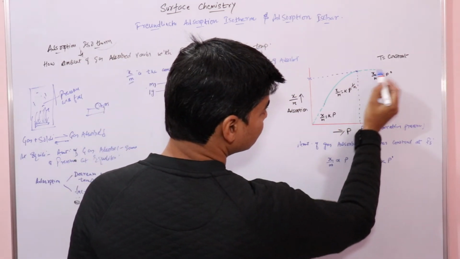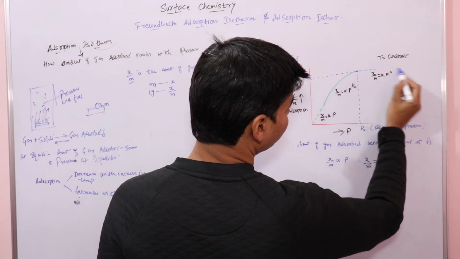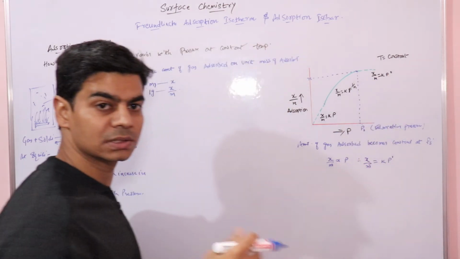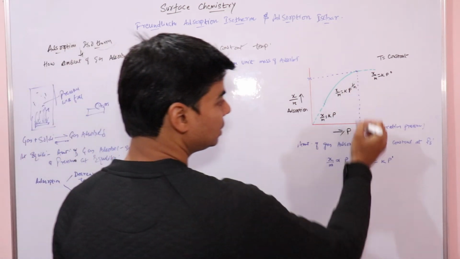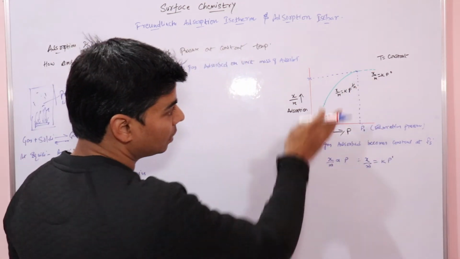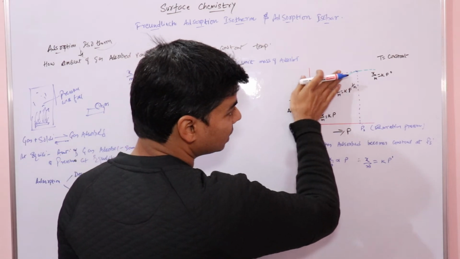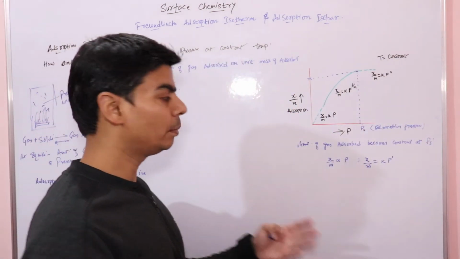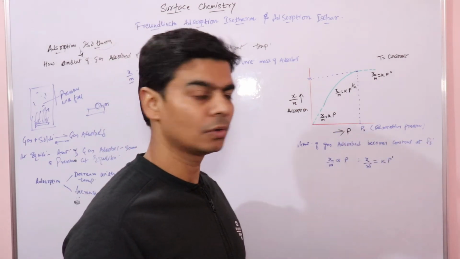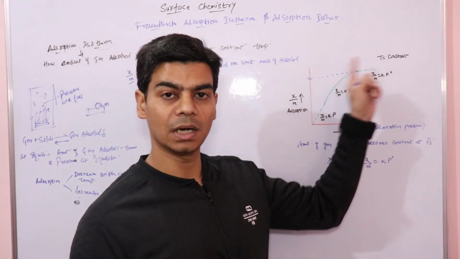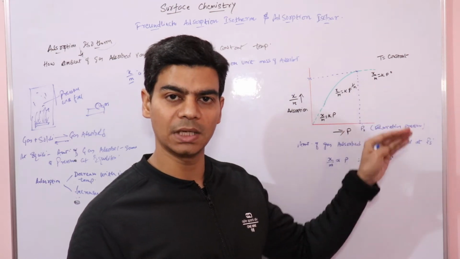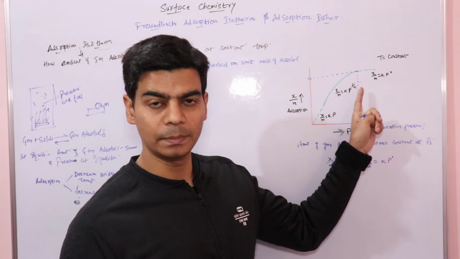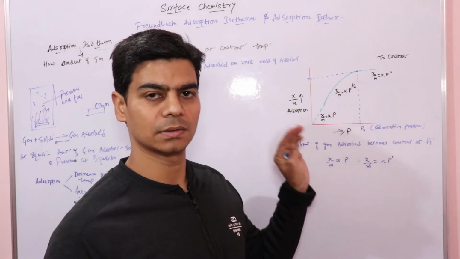If you look at this point, where pressure has reached its saturation value, the amount of gas adsorbed is the same no matter how much pressure we increase. That means at this point the amount of gas adsorbed does not depend on pressure.